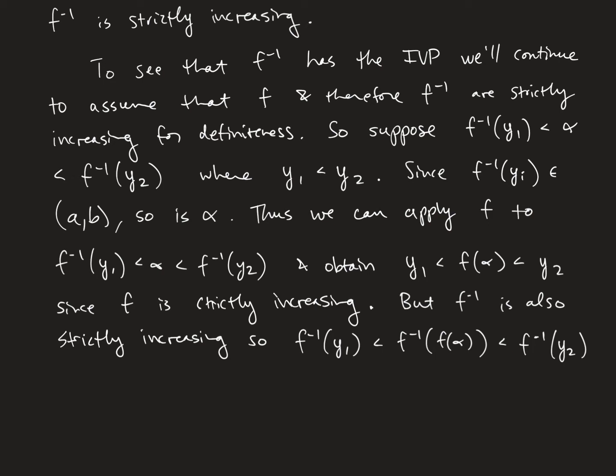So we're back to the inequality that we started with, but now we know that alpha is f inverse of something, and that something is between the y1 and the y2 that we started with. This is exactly what we need for the intermediate value property. We have a value in between these two values, and we had to find something in between the two domain elements which hits that value.